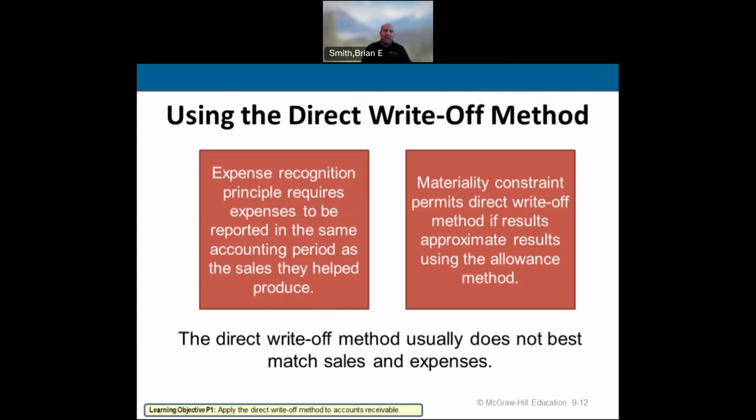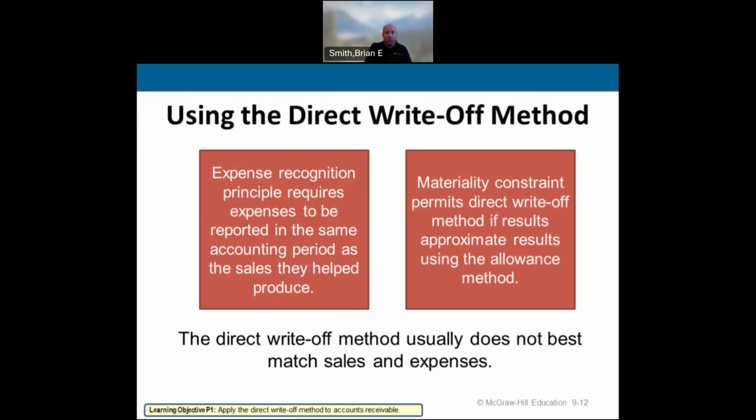So we can't push that expense forward into another accounting period, which would likely be the case because we don't know if that's going to go bad for usually a couple of months after it's been established. And so even if you're doing it on a monthly basis, then it's obviously outside. If it's on a quarterly basis, then it's a good chance it's outside the accounting period.